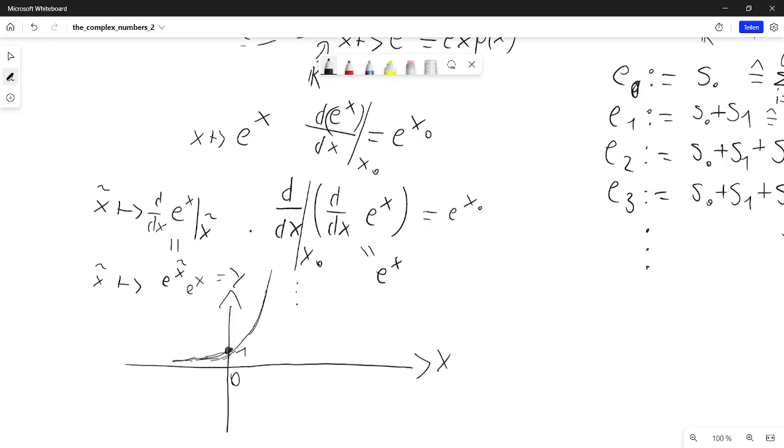Y equal to e^x. Right. And you know, of course, that if we take x0 and we take the derivative here, then what this indicates is just that this is the slope, right? That is, here we have alpha, and tangent alpha is equal to e^x0, right?